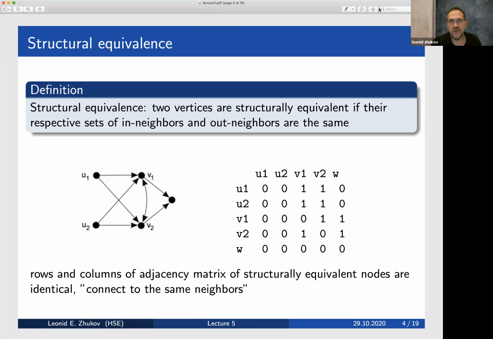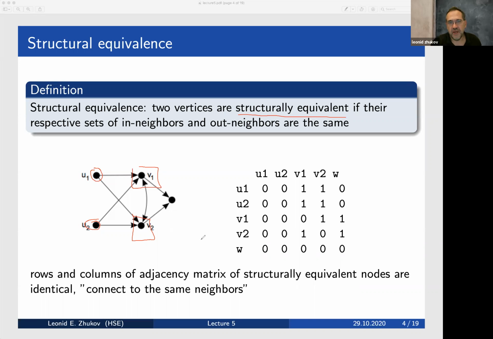If we look at this picture, you can see, for example, the node U1 and the node U2. Notice that they are both connected to node V1 and node V2, and they're both pointing to those nodes. So in this sense, nodes U1 and U2 are structurally equivalent.